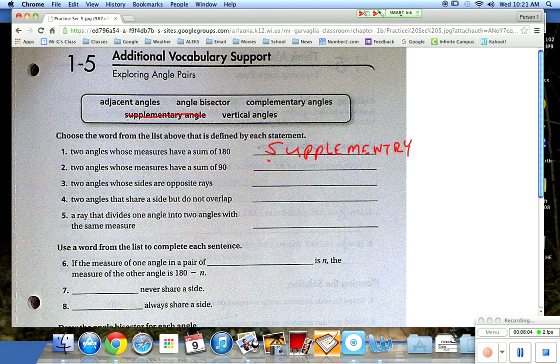Complementary angles. What I want you to remember is supplementary angles, complementary angles. Complementary angles, 90 degrees. Supplementary angles, 180 degrees. It's either perpendicular or it's flat. 90 plus 90, 180. Last I checked.